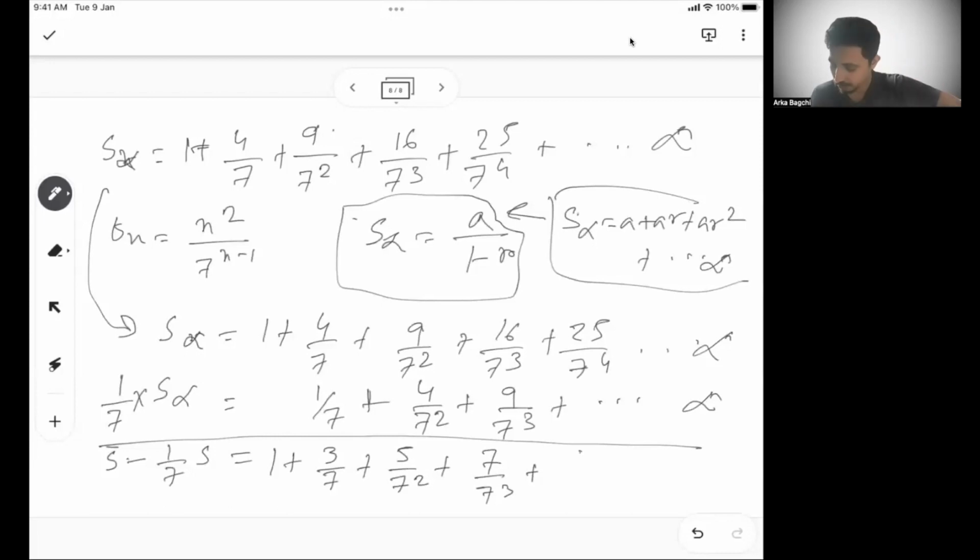This will be 16, so 9 by 7 to the power 4, because here it will be 16 by 7 to the power 4. Okay, so 9 by 7 to the power 4.